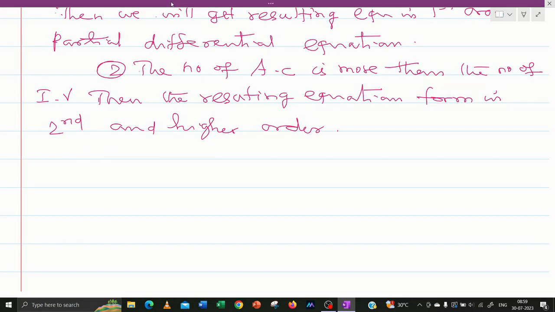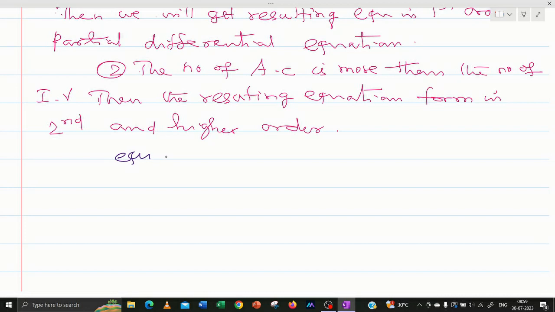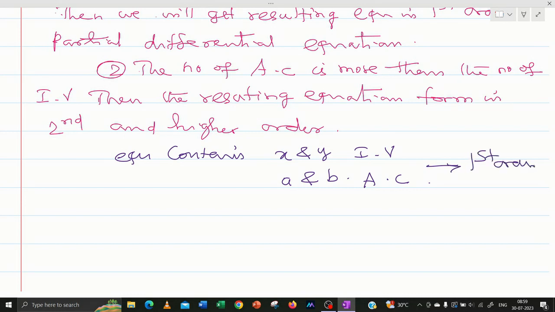For example, in case the equation contains x and y as the independent variables and the arbitrary constants a and b. Here we can see that there is an equal number of independent variables and arbitrary constants. Then we will get that equation in first order.